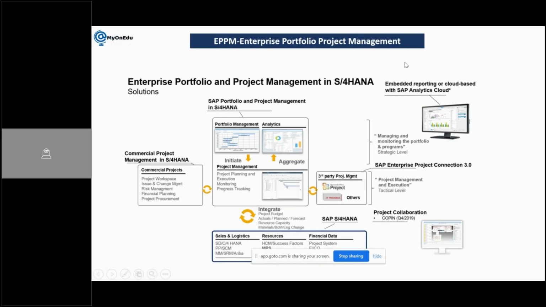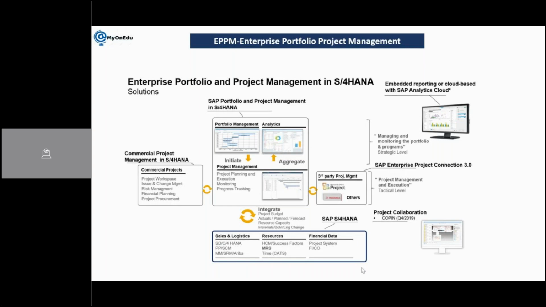So in this slide, let me take the pointer. One second. Okay, the first module is project system, which is the controlling module and the basic module to learn here.